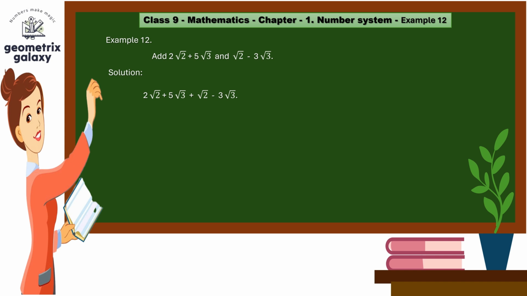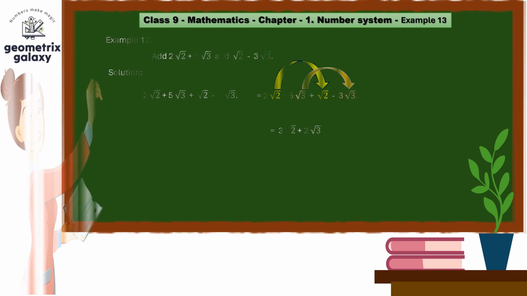Here we can combine only the like irrational numbers. 2 root 2 can be combined only with root 2, and 5 root 3 can be combined only with minus 3 root 3. Therefore 2 root 2 plus root 2 is 3 root 2. 5 root 3 minus 3 root 3 is plus 2 root 3. So our final answer is 3 root 2 plus 2 root 3.